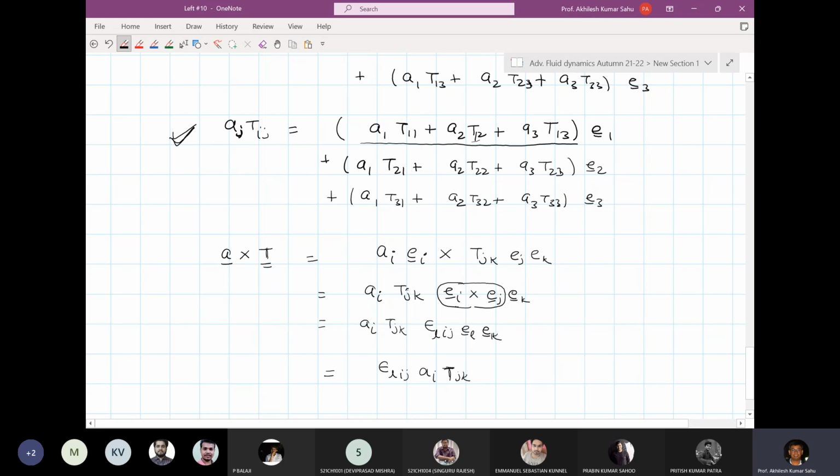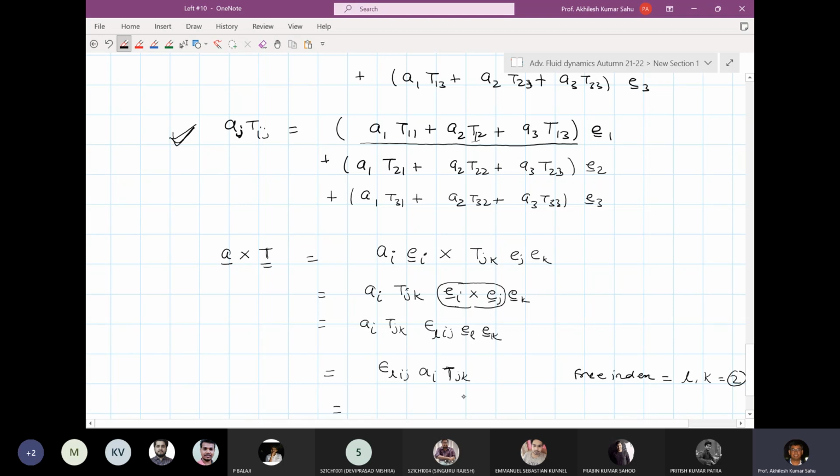Is it a scalar, a vector, second order tensor, third order tensor? Anyone? How many free index here? Two, sir. Two free index. What are those free indices? L and K, sir. L comma K, right? That is two numbers.